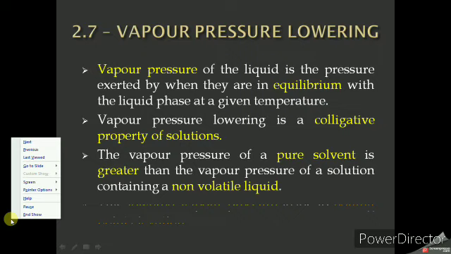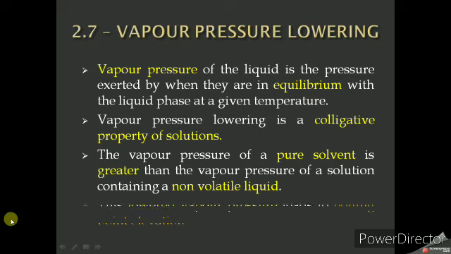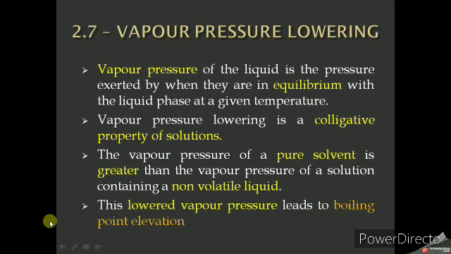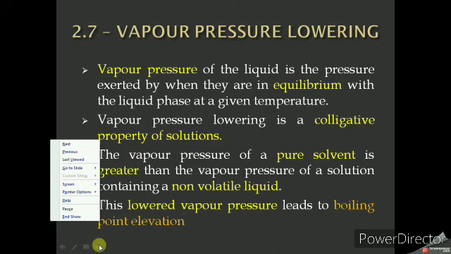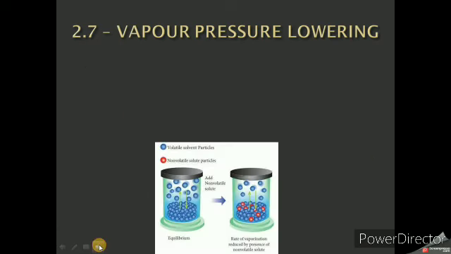As a result, the solvent molecules at the surface of the solution vaporize at a slower rate than the pure solvent, and due to this, what is the result? The result is that there is a lowering of vapor pressure.